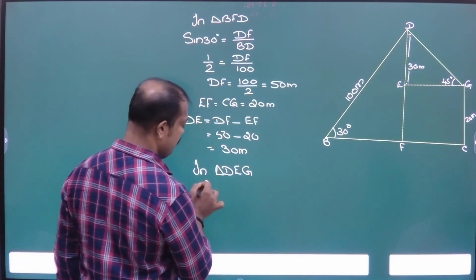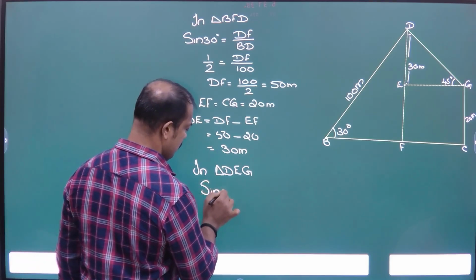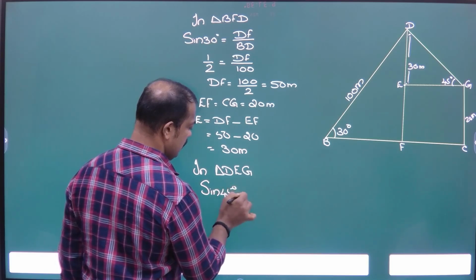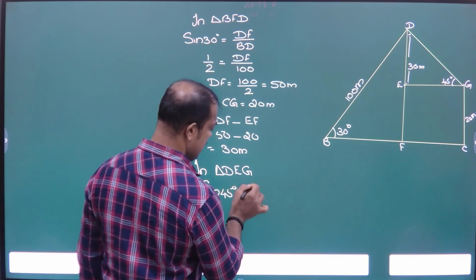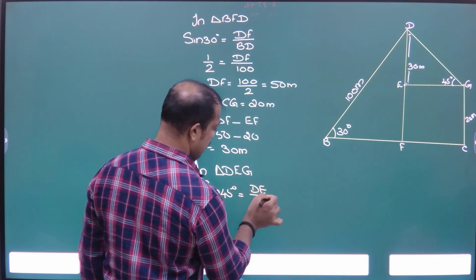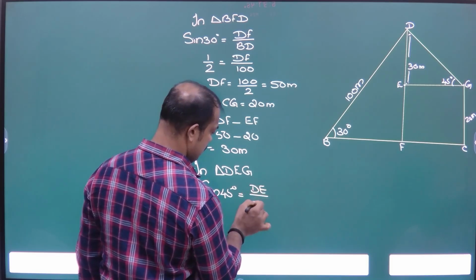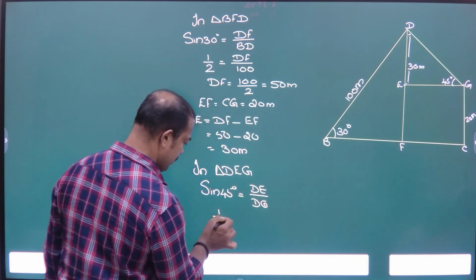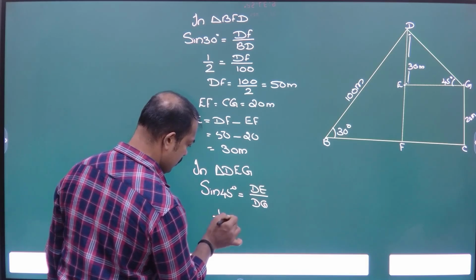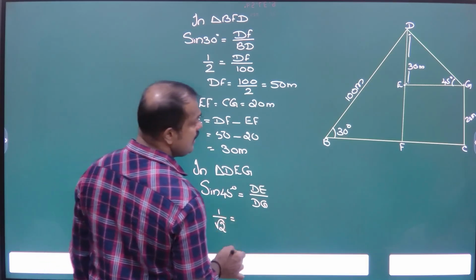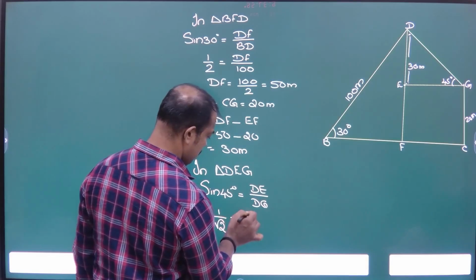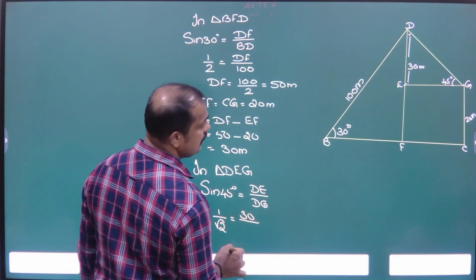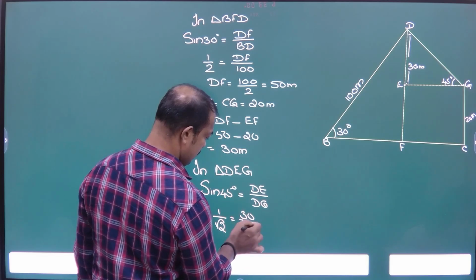So sin 45 is equal to DE divided by DG. What is sin 45? And DE is 30, and DG is what we have to find.